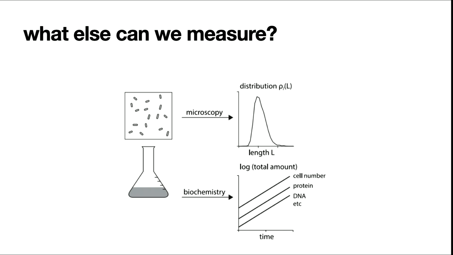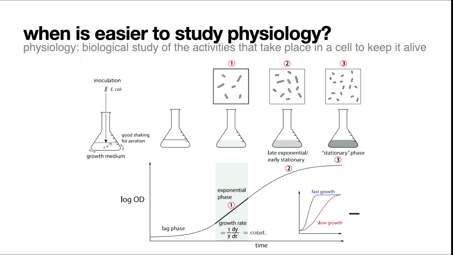Now, the question that I have for you is, suppose that we have to study physiology. So we want to study what activities a cell has to carry out to be alive. My question for tomorrow is, along this curve, when is it easier to study physiology?